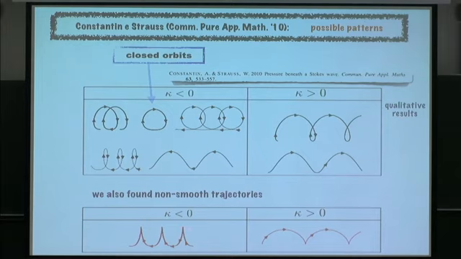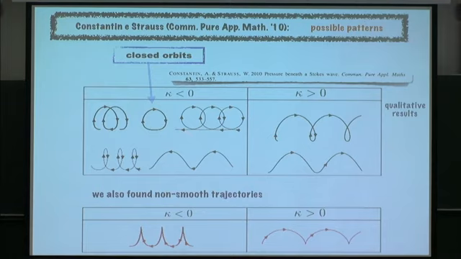So kappa is the current, and the closed orbit is when you have this adverse current that closes what would be the Stokes drift. These are the qualitative results, and let's see if with the numerics we can get this.